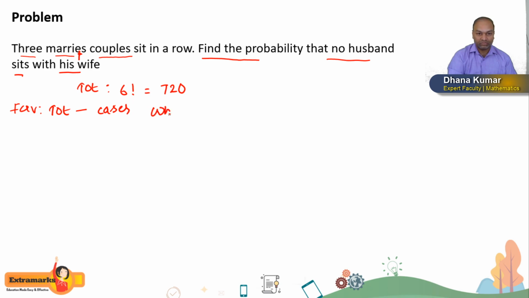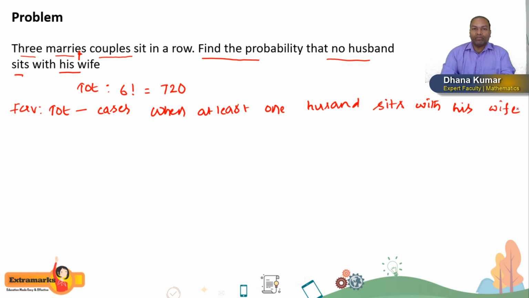Cases when at least one husband sits with his wife. Question understood? At least one means what? Here you can use the 3 couples.